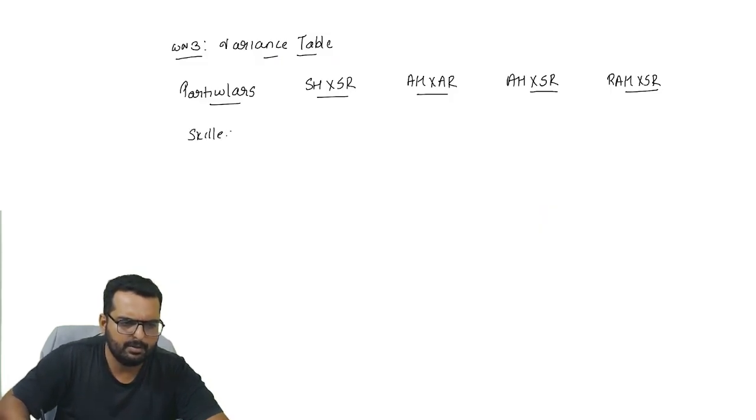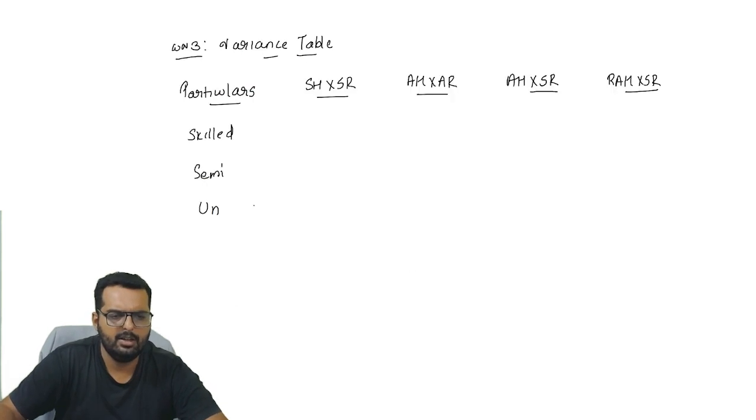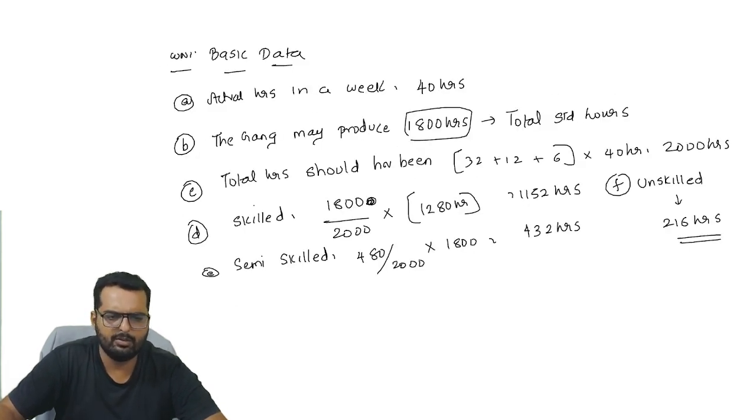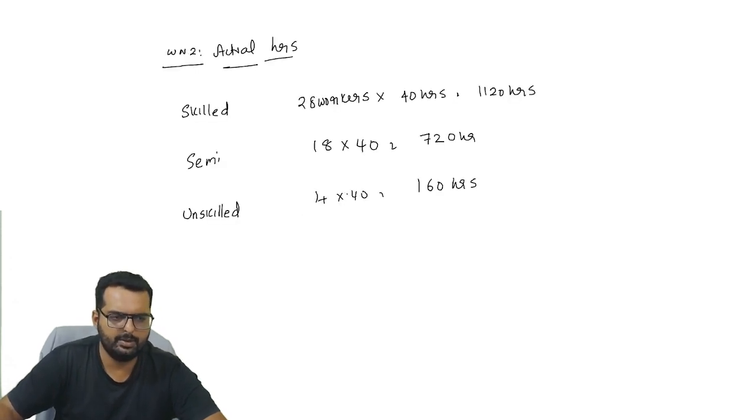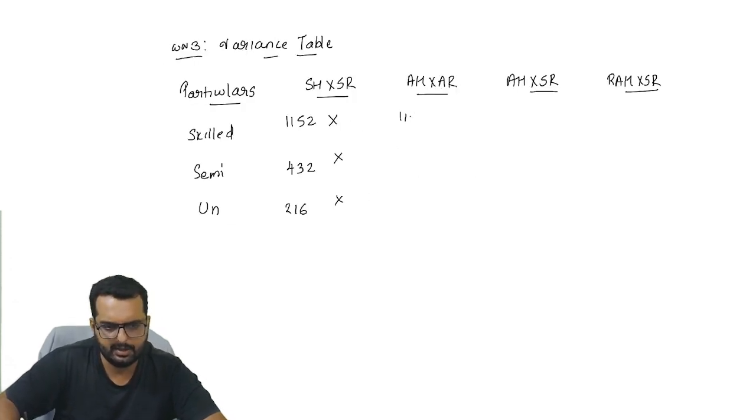We'll keep it simple. Skilled, semi-skilled, and unskilled. So skilled, we got the number as 1152, 432, and the last one is what? 216. But the AH is turning out to be 1120, 720, and the last one is what? 160.